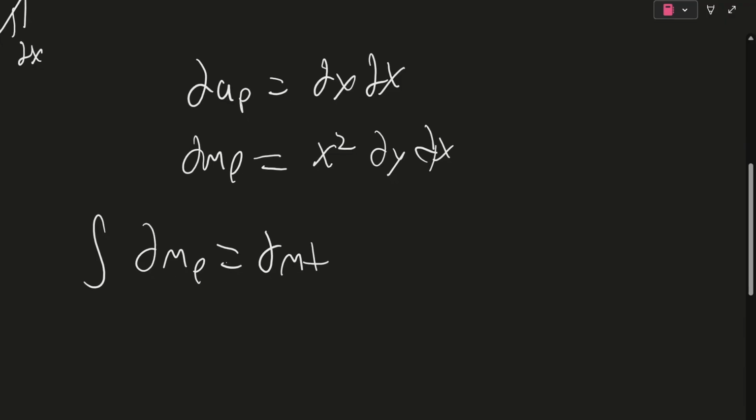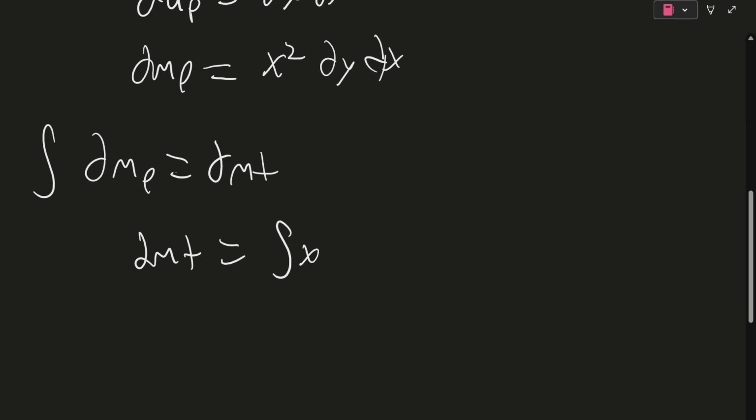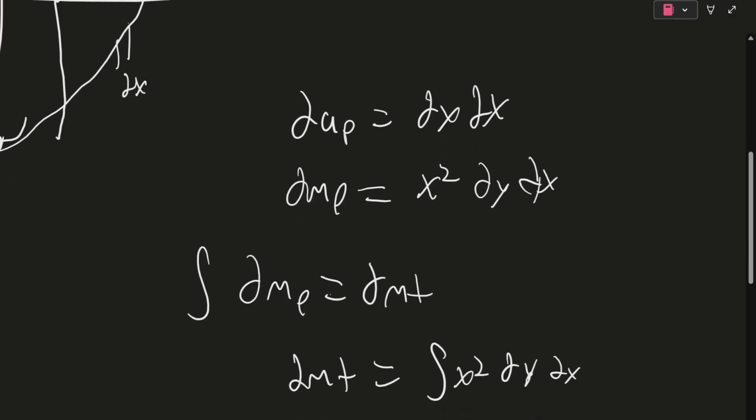So we're going to integrate dm strip, which is equal to the integral of x squared dy dx, and we're going to integrate it from the bottom function to the top function.